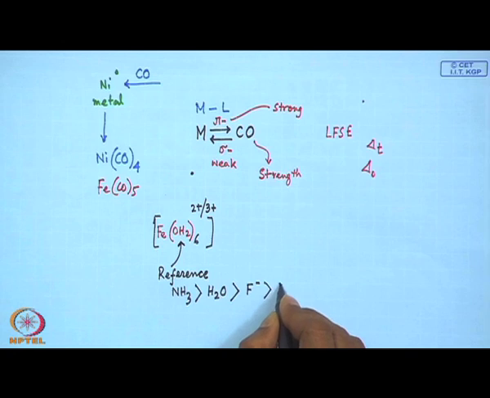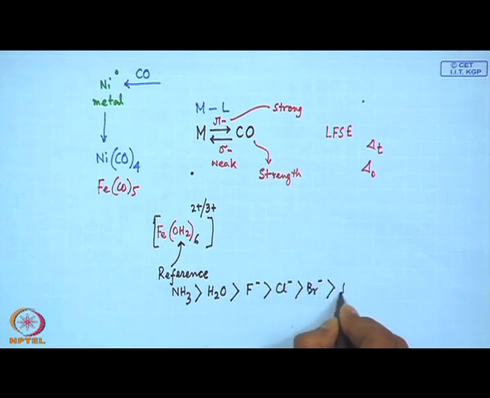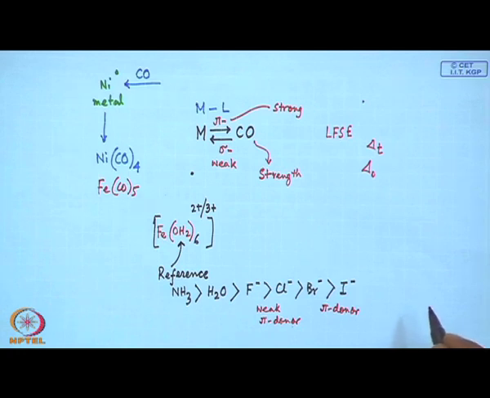The halides, we all know, are fluoride, chloride, bromide and iodide, and we all write this very nicely. They are basically weak pi donors, and they are pi donors because we do not have anything which is a strong pi donor.